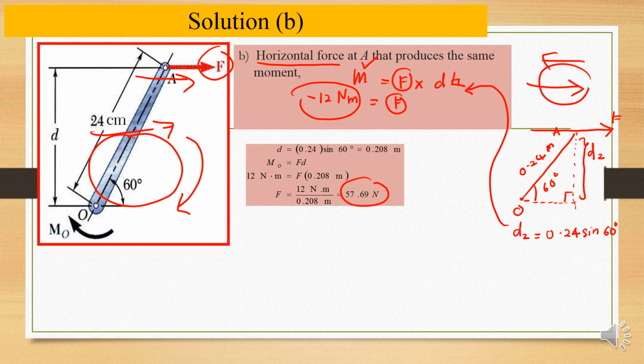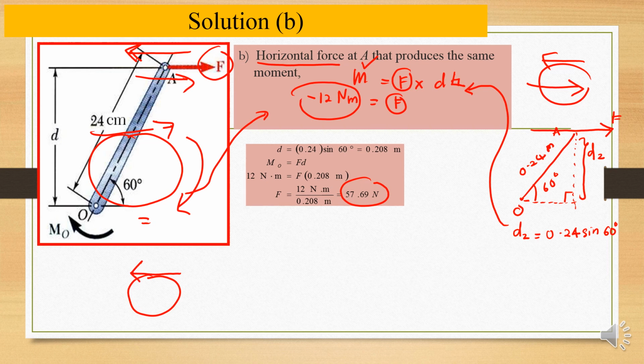Which will be equal to the one that we get from A, because it is stated that it is the same moment as A. The same here means that the value should be the same and the direction should be the same, which is negative. So let's imagine that we put the force in the other direction. Imagine that this is the wheel and you put the force in the opposite direction.